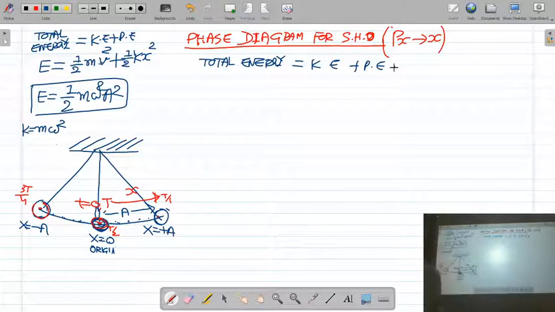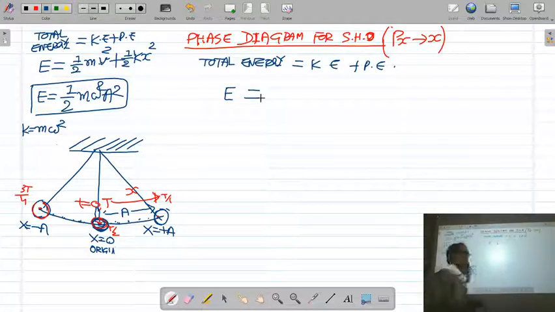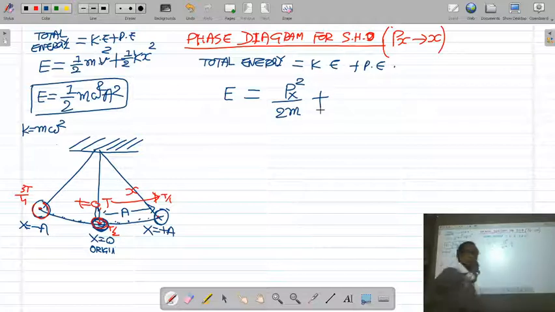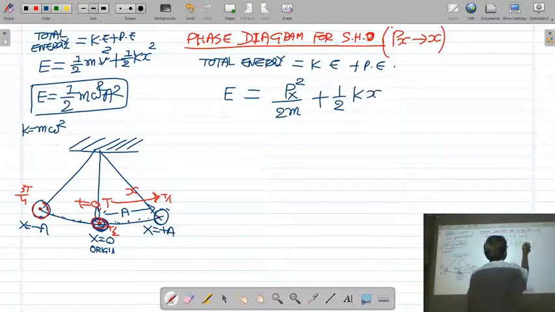So E is equal to the kinetic energy, which is px square upon 2m, plus the potential energy of the oscillator, which is half k x square.